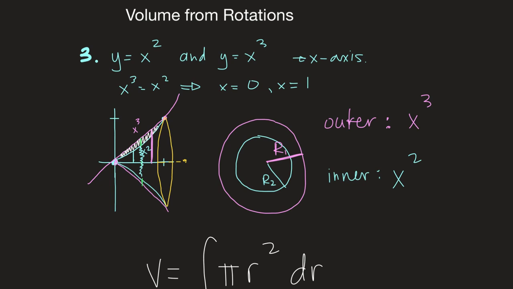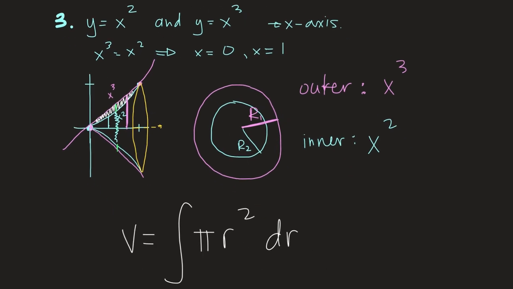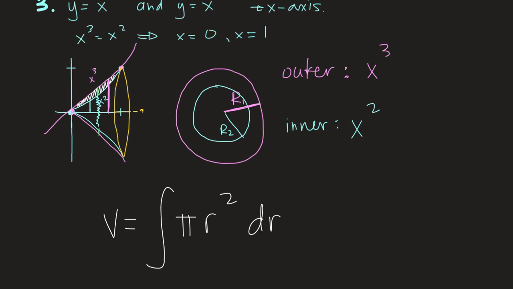So we start with this formula. We're going to pull the pi on the outside. And for our problem, we just go from 0 to 1. That is our bounds of integration. They intersect at 0 and at positive 1.